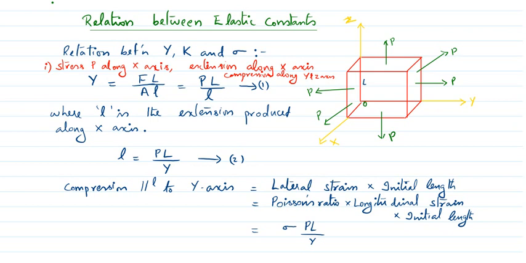We get the same equation for compression parallel to z-axis, which is written as sigma PL divided by Y.